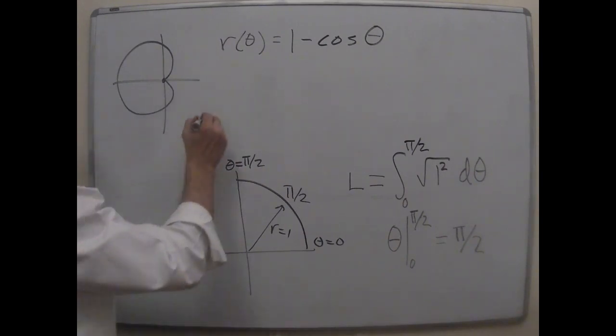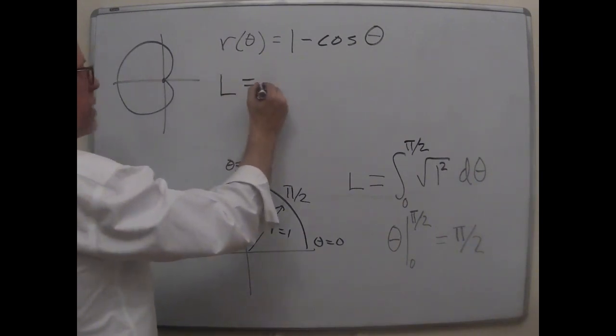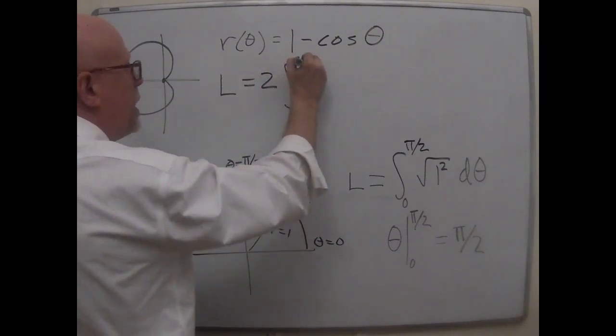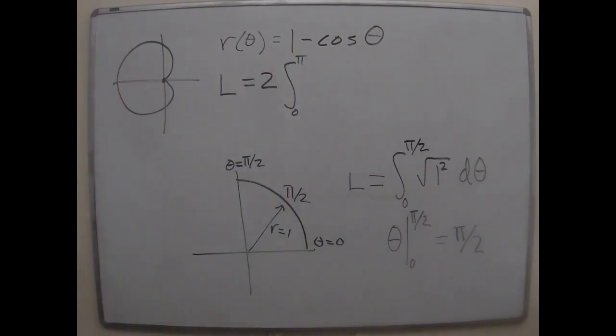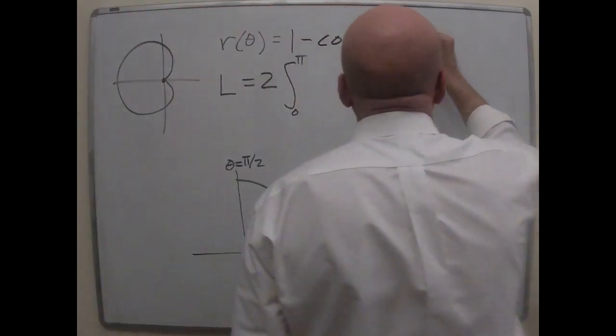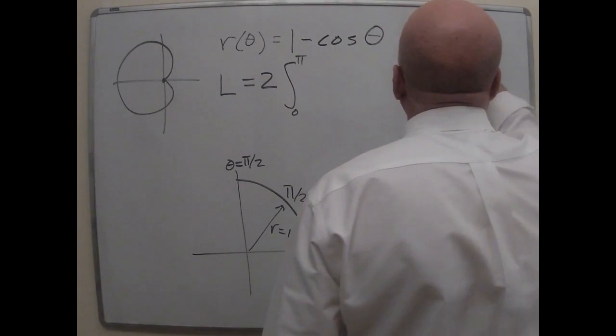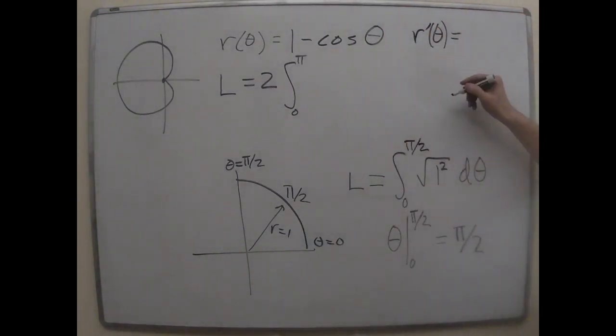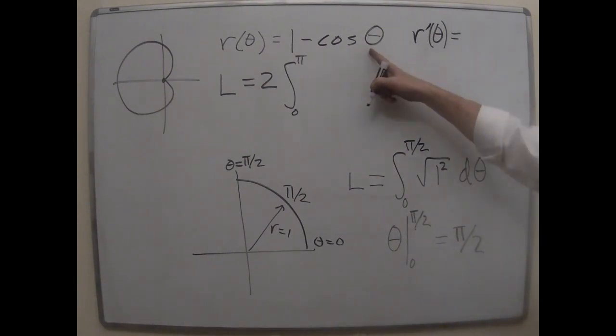So I'm going to say the arc length all the way around the thing is 2 times the integral from 0 to pi of, well, we're going to need that polar coordinates formula, so I better work out what r prime is. If r is 1 minus cos theta, r prime is 0 plus sine theta, right?